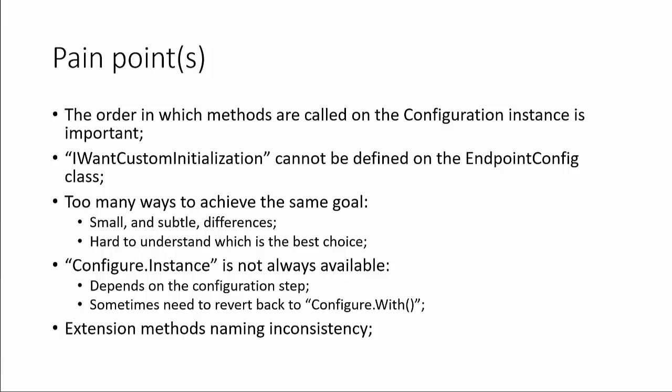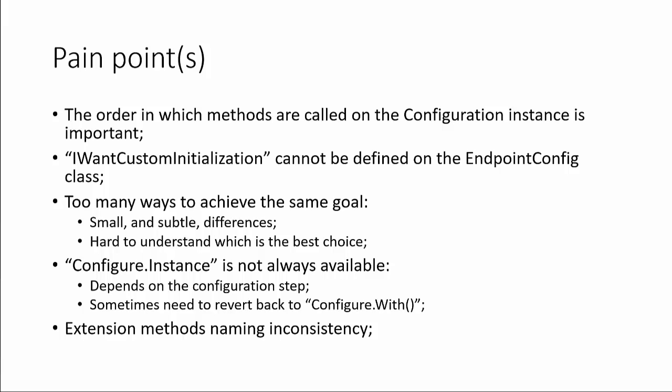The fact that the configure.instance is not always available, it depends on where we are in the configuration step, and sometimes everything blows up because we are trying to access the configure.instance too early, and sometimes we need to revert back to configure.with in order to start the configuration from scratch.